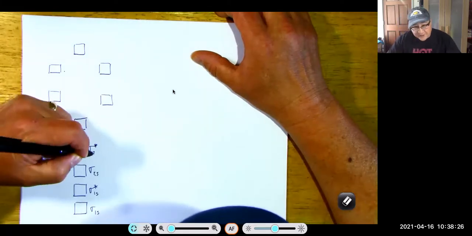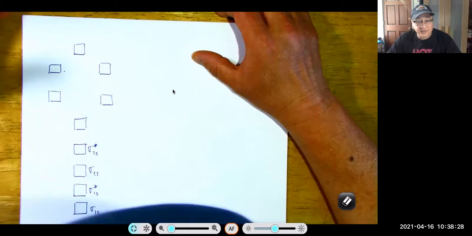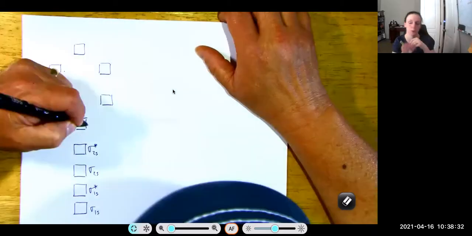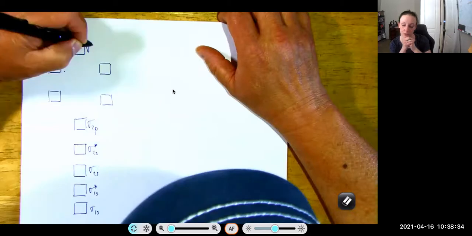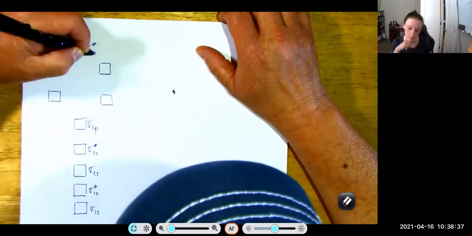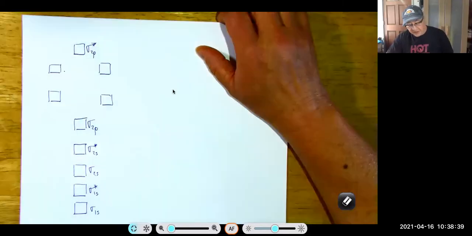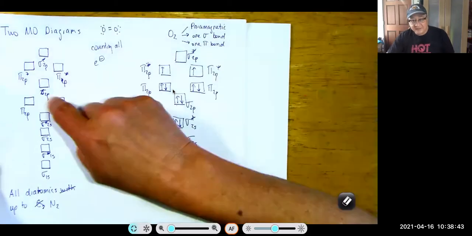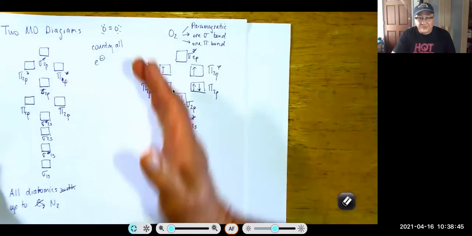If you draw this like 10 times, it becomes a lot easier. So we're just supposed to know this is how O2 is drawn. Yeah, you should have this on your cheat card that O2 is this way, and anything less than that is this way.